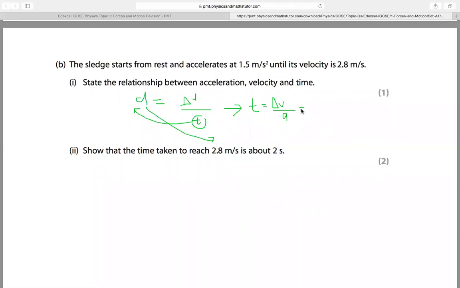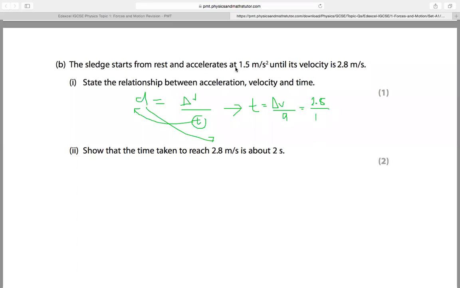What is the change in velocity? From rest to 2.8. So what is the change in velocity? 2.8. Correct. So my change in velocity is 2.8 divided by my acceleration, which is 1.5.